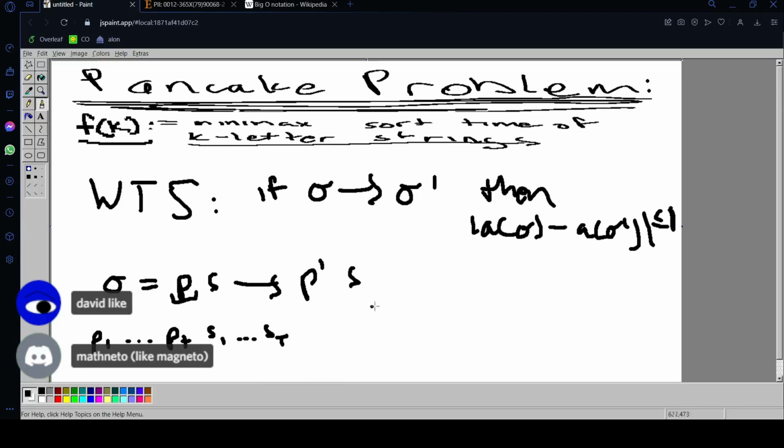And that's what the letters here look like. And the letters here look like PT down to P1, and S1 through ST. So if there's any adjacencies contained in here, they'll also be contained in here because the letters don't move around here. So the number of adjacencies on this side remains unchanged.